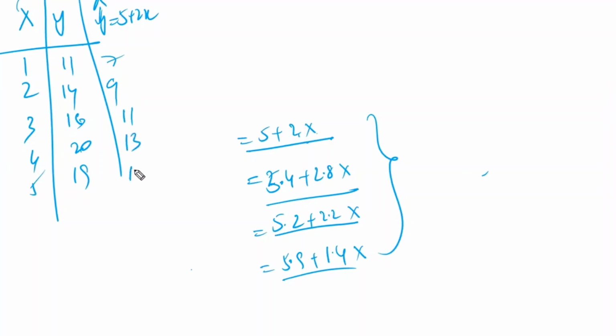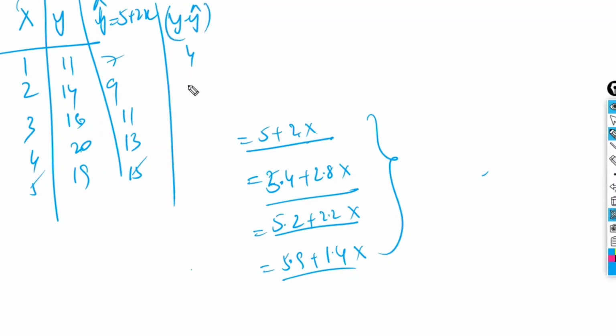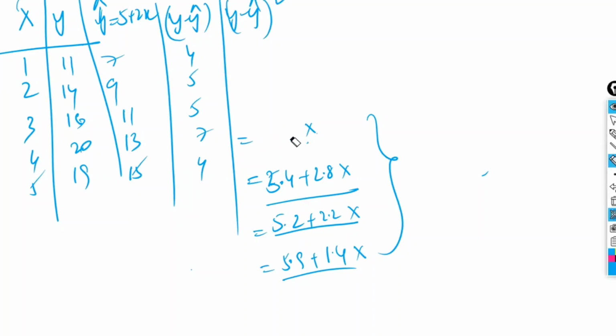11, 13, 15. Now, what is y minus y hat? 4, 5, 5, 7, 4. Now, y minus y hat whole square is 16, 25, 25, 49, and 16.